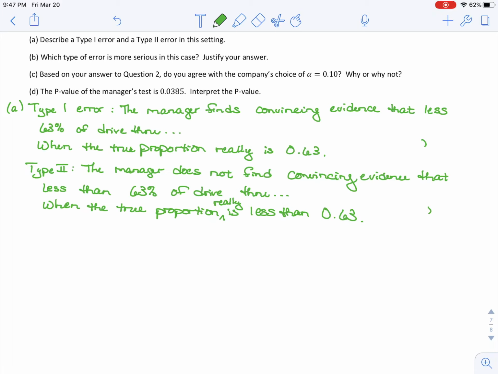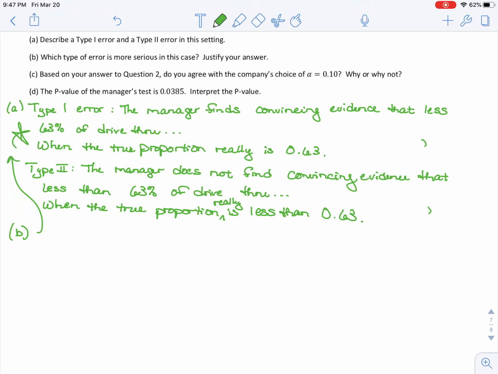So this one's more serious. If I were to write this out, I would say that the type 1 error is more serious because the manager will believe that the additional employee reduces the proportion of drive-through customers who have to wait longer than 2 minutes to receive their food when that wasn't true.